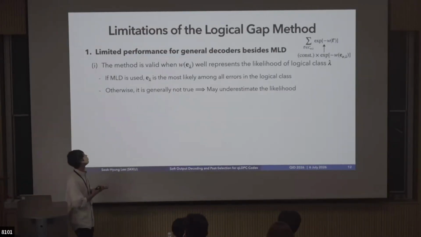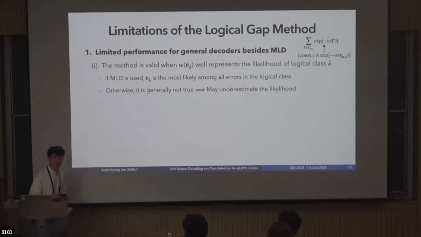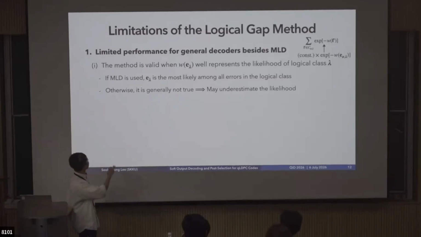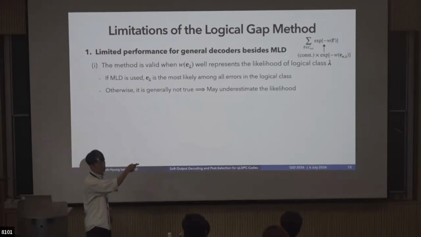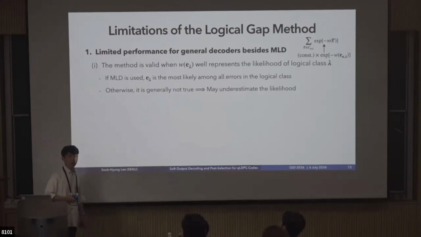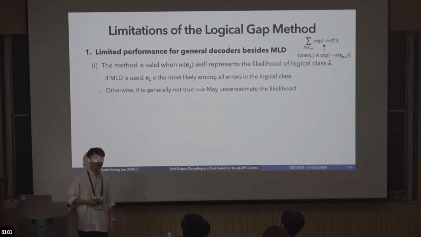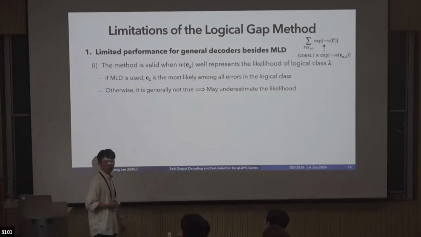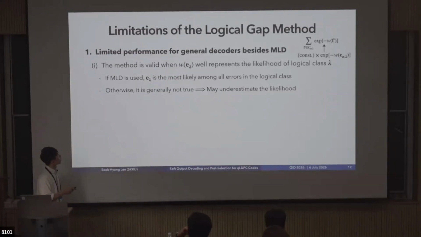So now let's talk about the limits. What makes this gap method ineffective? The first one is that the method is valid when this weight information well represents the likelihood of the logical class. This substitution was the key idea of this approximated logical gap, and that is of course not trivial, so we can't ensure that this holds in general.